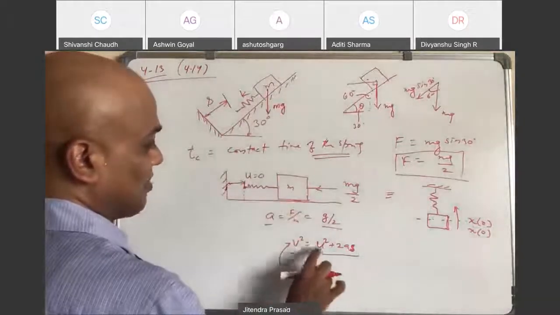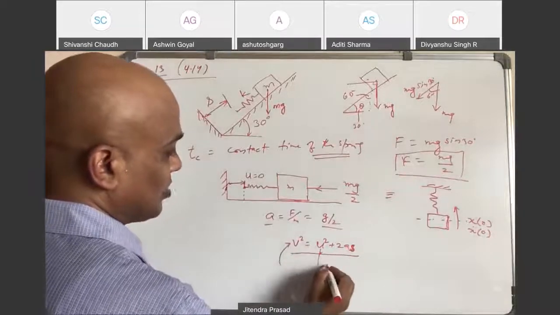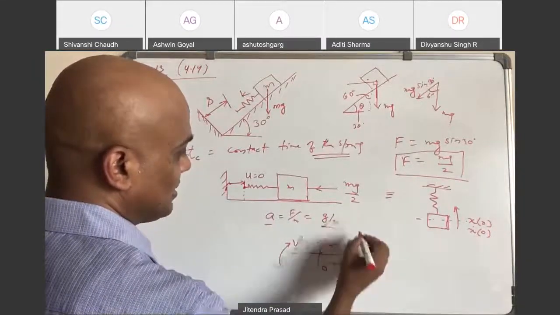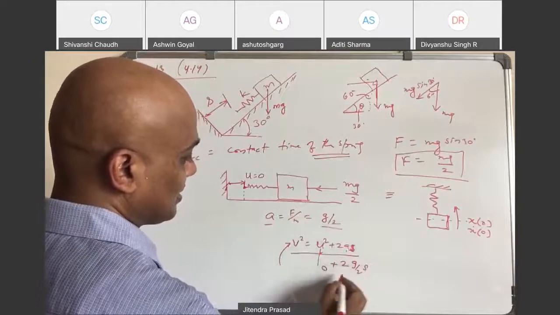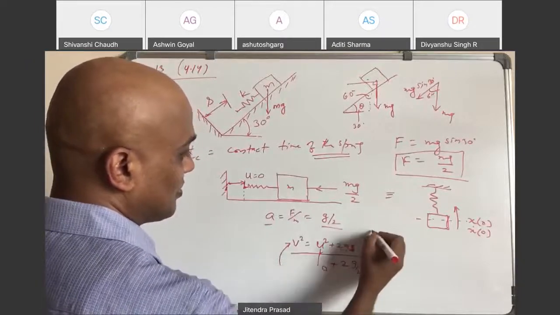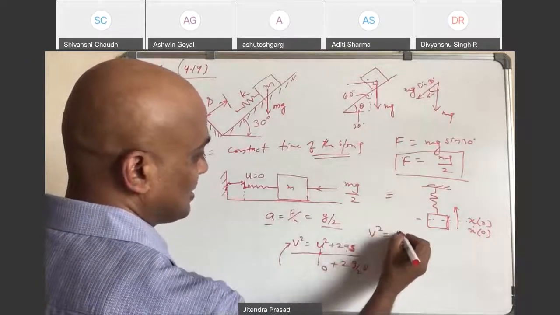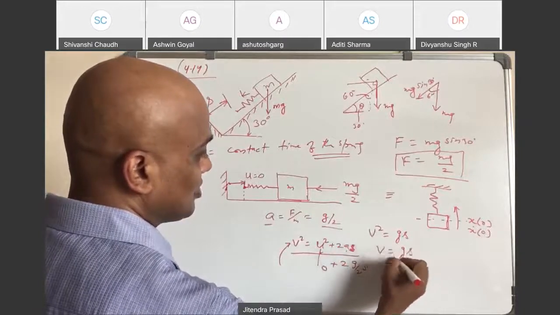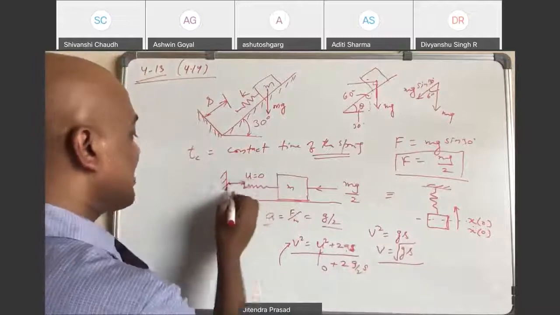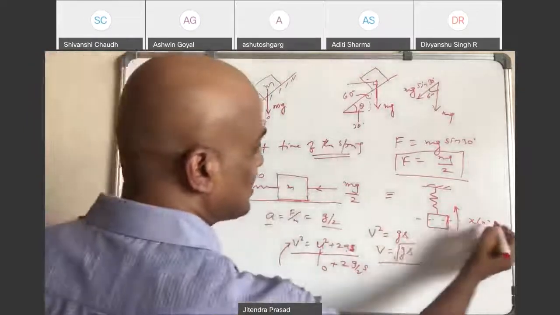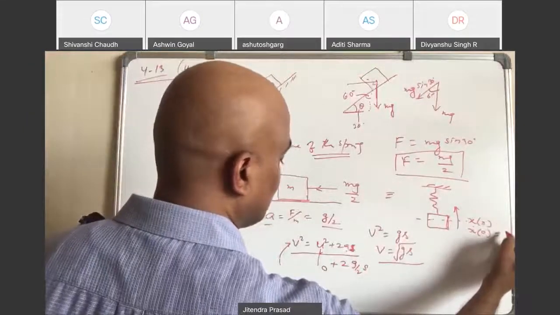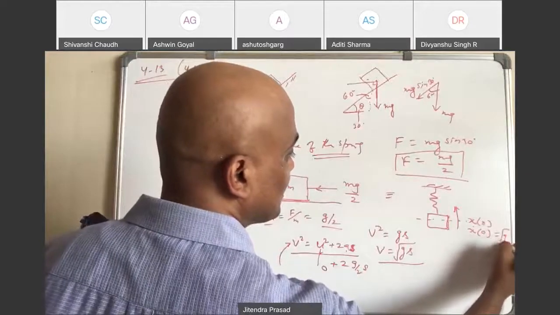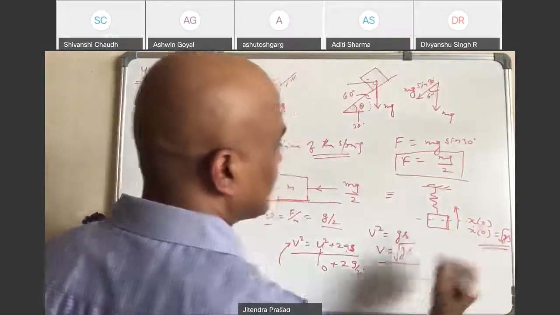So final velocity, what do you get? v square equal to 0 plus 2 times g over 2 times s. So v square equal to gs, or v equal to root gs. So the initial velocity, in this case, we get equal to root gs.